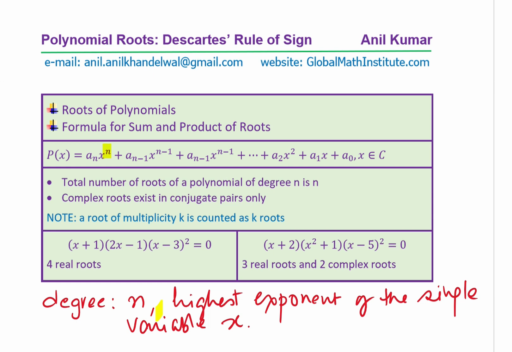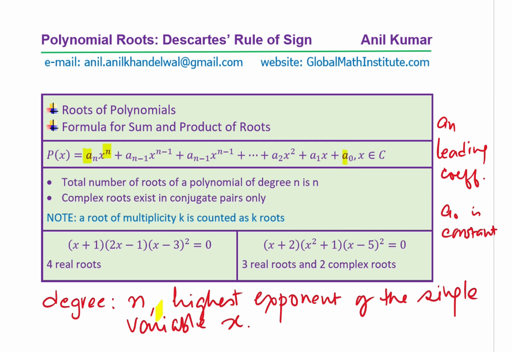Now what is a_n? Well, a_n is called the leading coefficient, correct? We also know that a_n is leading coefficient. Let me write in short, and a_0 is constant. Correct? So these are other important terms which we have to look into when we are talking about a polynomial.